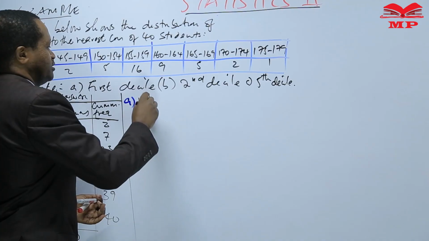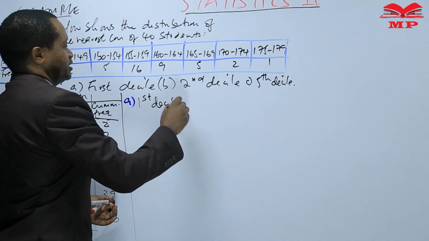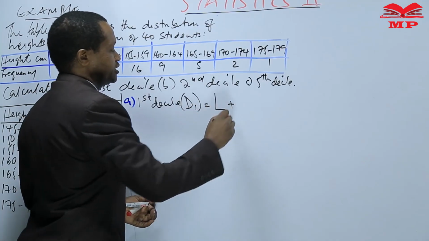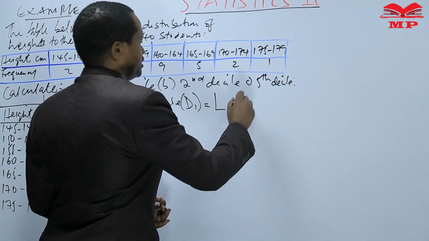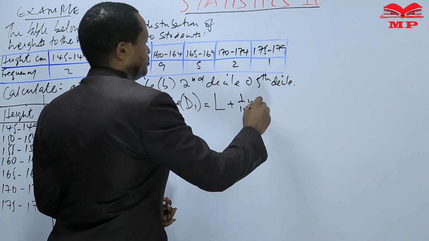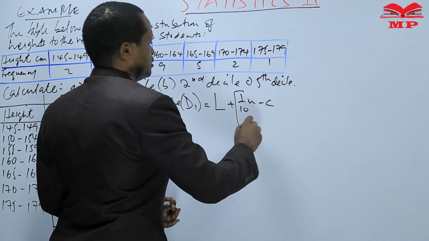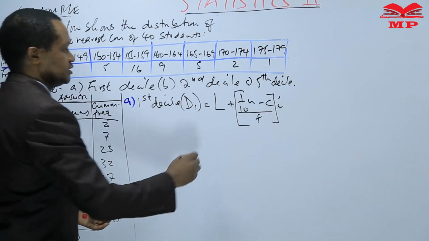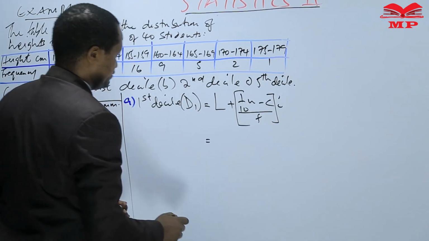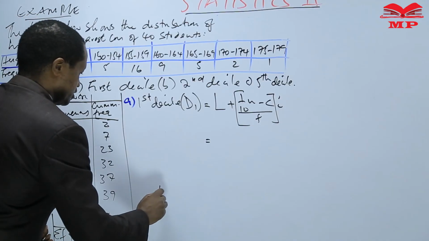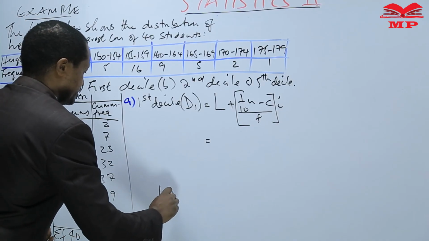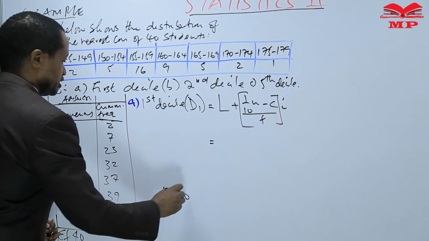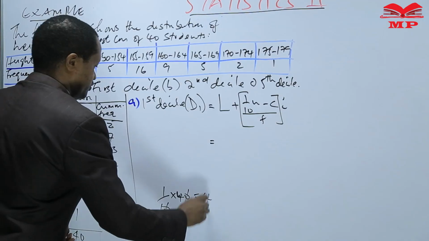The first decile, that is D1, is equal to L plus (1 over 10 N minus C) over F, times I. So we first calculate 1 over 10 times N. N is 40, so that gives us 4.